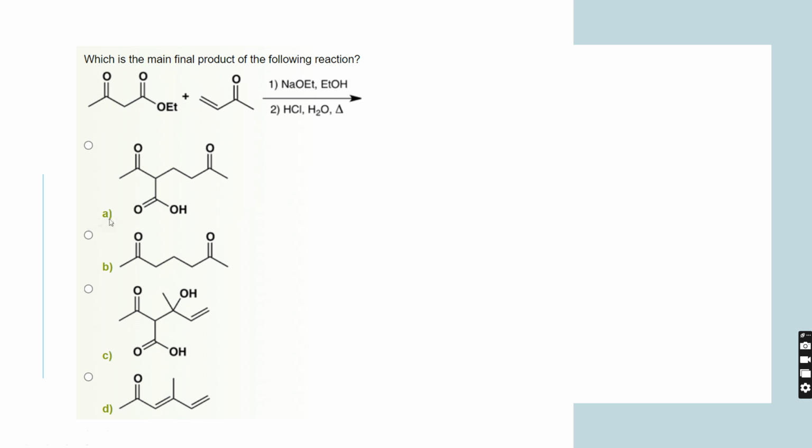Otherwise it would not go for further reaction, and you would have gotten only the acidic product. Just because of the presence of this keto functionality in the beta position, this carboxylic acid group is decomposing and leaving a carbon dioxide molecule.